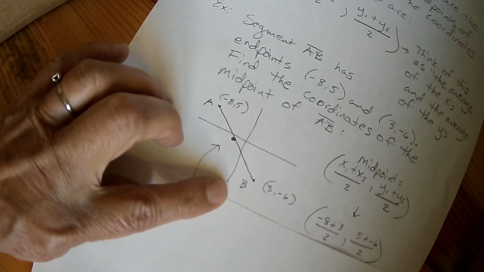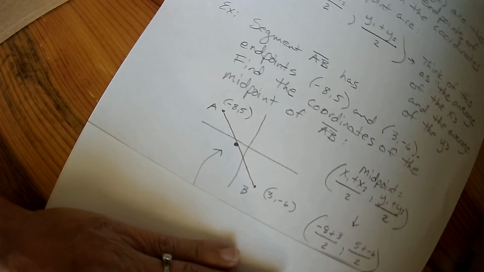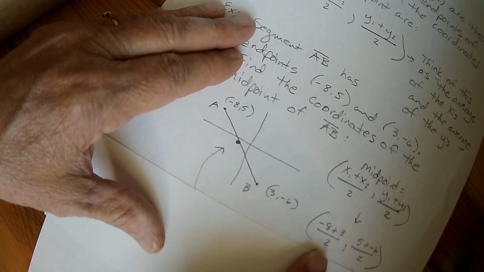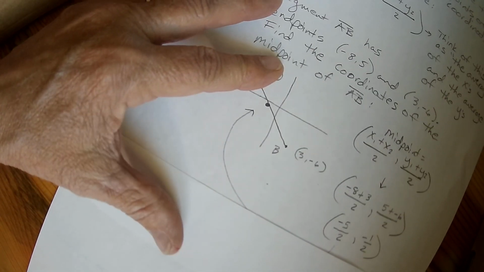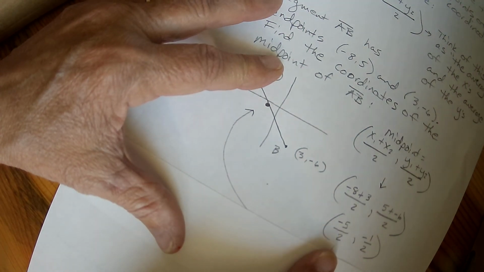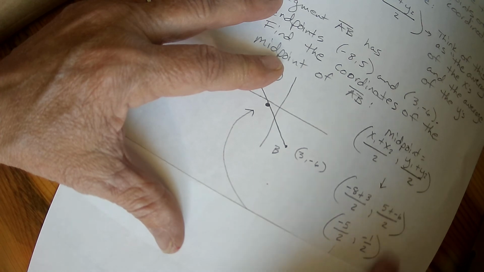There's A, there's B. So using the midpoint formula, I'm just going to add the x's, negative 8 plus 3 divided by 2, and then the y's, 5 plus negative 6 divided by 2. Negative 8 plus 3 is negative 5 divided by 2. 5 plus negative 6 is negative 1, so it would be negative 1/2.